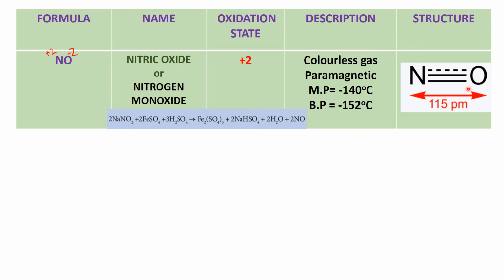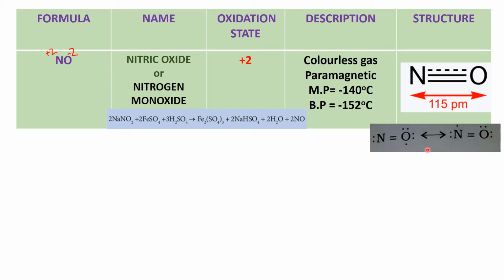It shows resonance structures like this: nitrogen double bond oxygen with an unpaired electron on oxygen, in equilibrium with nitrogen double bond oxygen with the unpaired electron on nitrogen. That is, the unpaired electron is shared over the whole molecule.